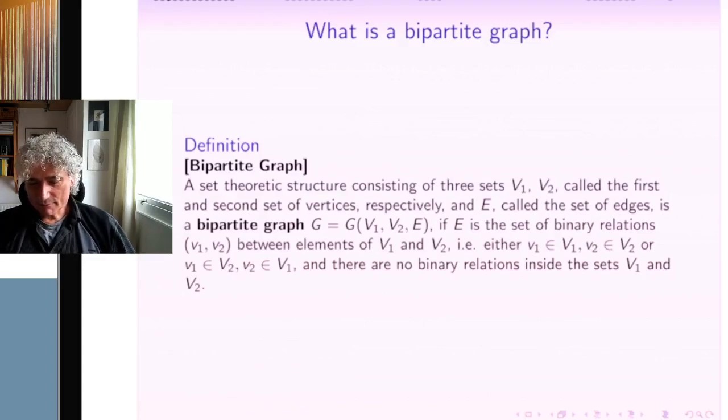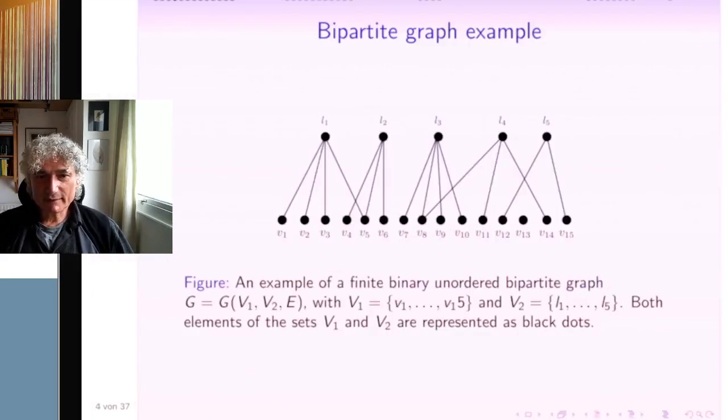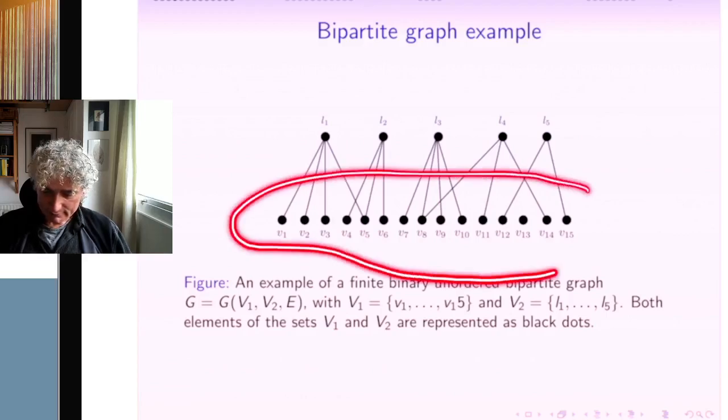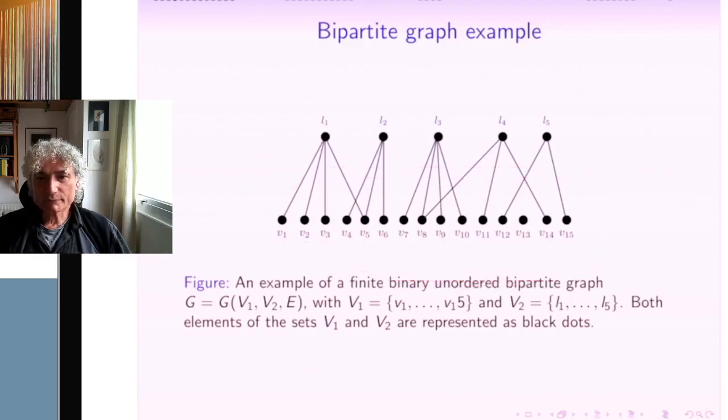Right, so you have here a figure, an illustration, which shows you a typical bipartite graph. So here you have one of the sets with all the vertices of the set V1. In this case, we have here 15 vertices in V1.